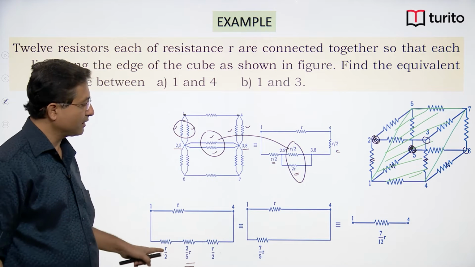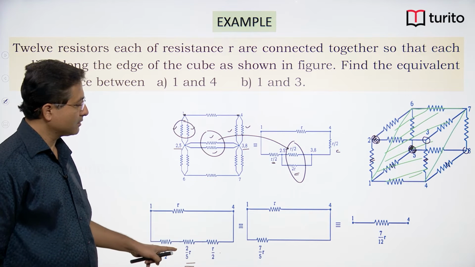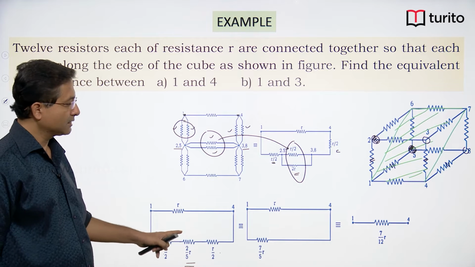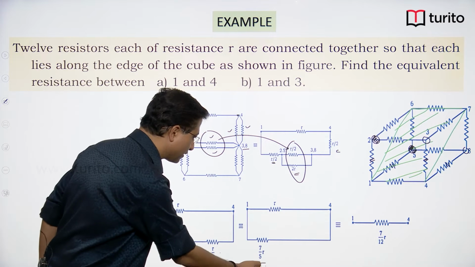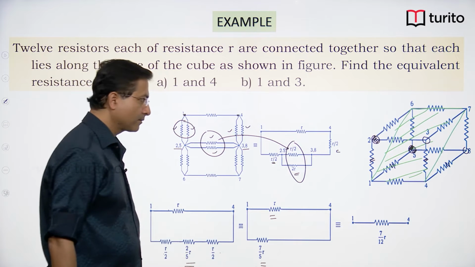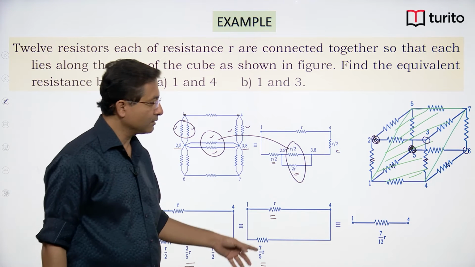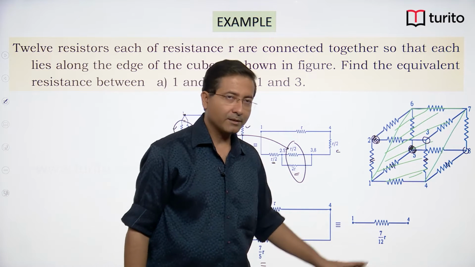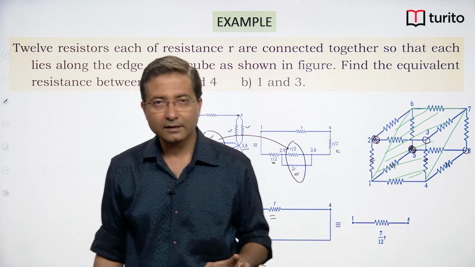So adding this will give me R plus 2R by 5, 7R by 5. So this will be 7R by 5, and then it is connected in parallel with this R. Okay, if you simplify this one, then you are going to get 7R by 12, right.